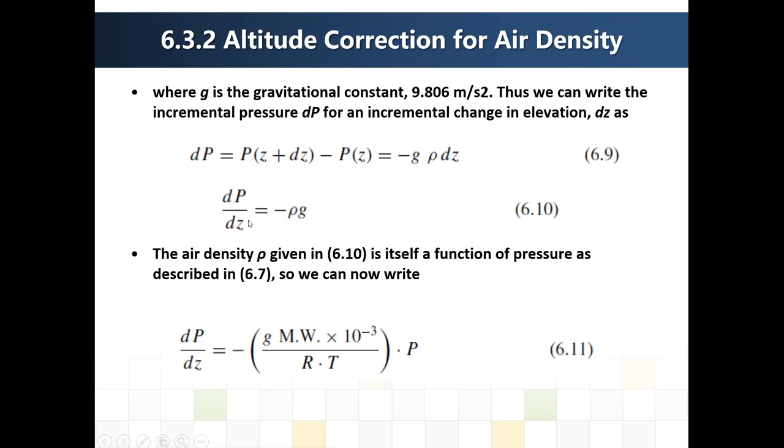So dP divided by dz is equal to minus rho g.